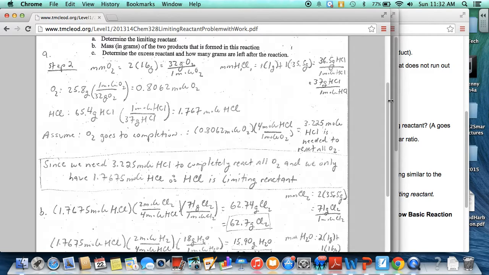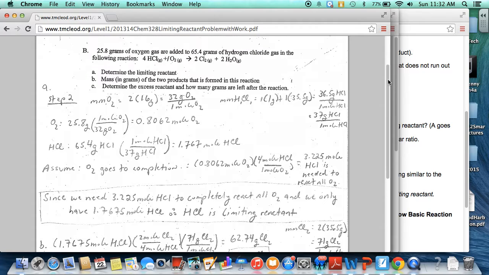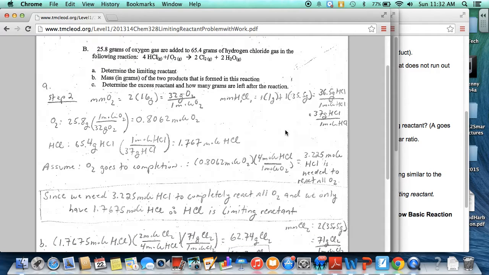We know that in the chemical reaction, using the molar ratio, for every 1 mole of oxygen, you're going to need 4 moles of HCl. So if you have 0.8062 moles of oxygen, then you're going to require 3.225 moles of HCl to completely react all the oxygen.